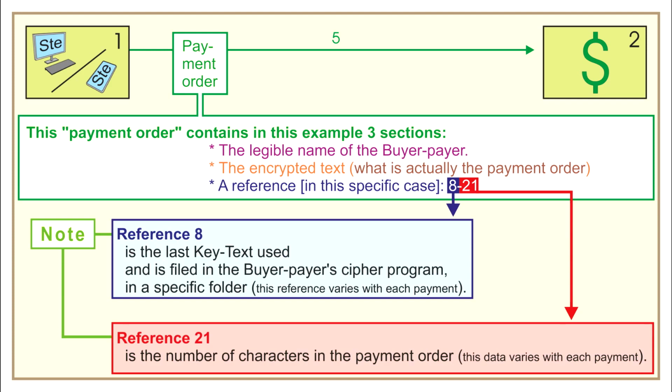Note: reference 8 is the last key text used, and is filed in the buyer-payer's cipher program, in a specific folder. This reference varies with each payment. Reference 21 is the number of characters in the payment order. This data varies with each payment.